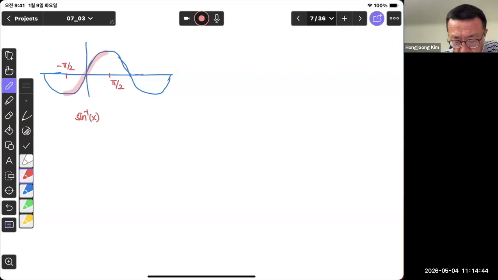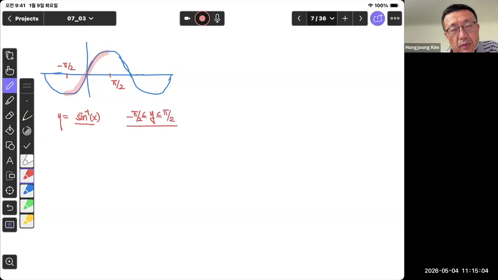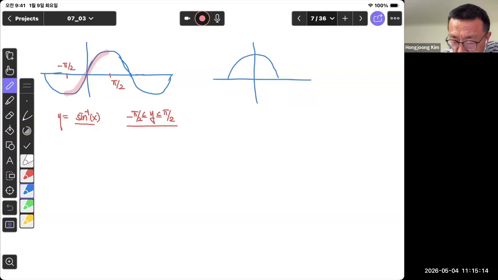So when I consider this arcsine function, the angle is limited to negative half pi to half pi. In a similar way, the cosine function is also a periodic function.